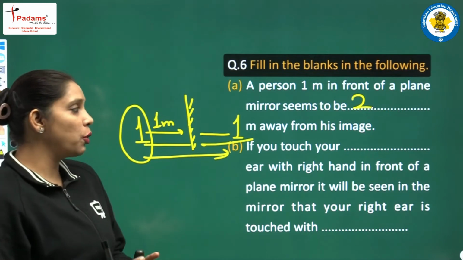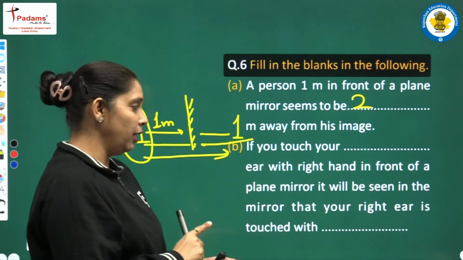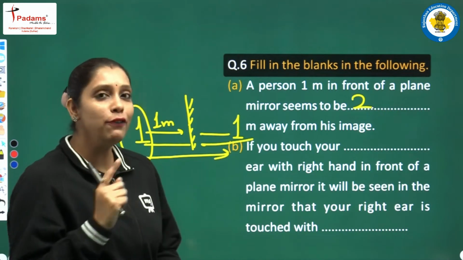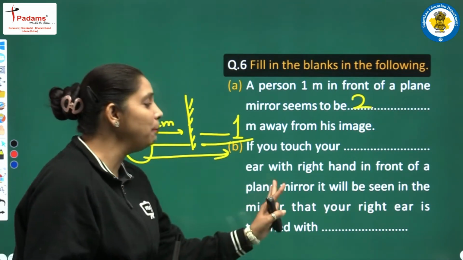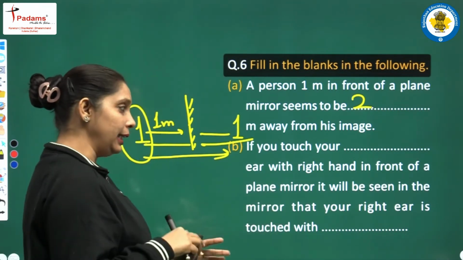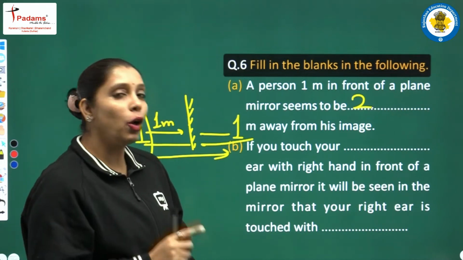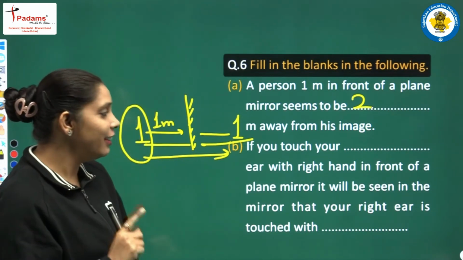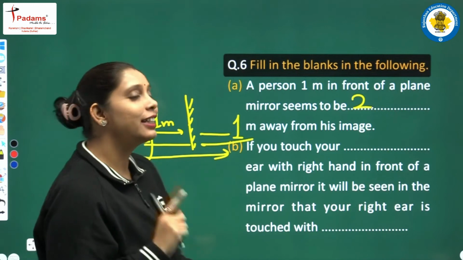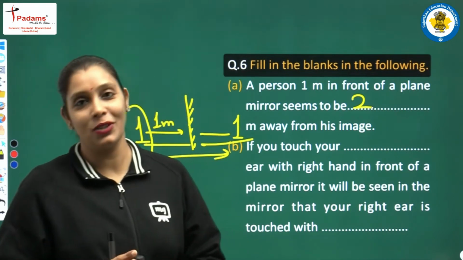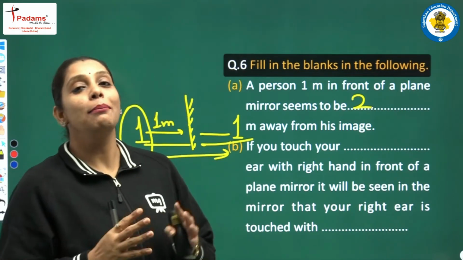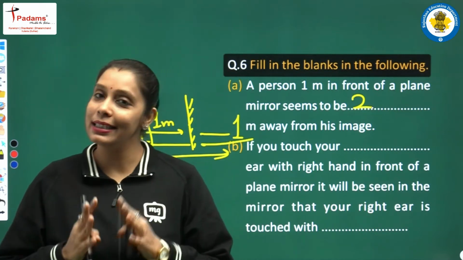If you touch your dash ear with right hand in front of a plane mirror, it will be seen in the mirror that your right ear is touched with, yes, it is the lateral inversion. Clear everybody? हमने 7th में भी पढ़ा था, हमने हमारे इस चैप्टर में भी पढ़ा है.